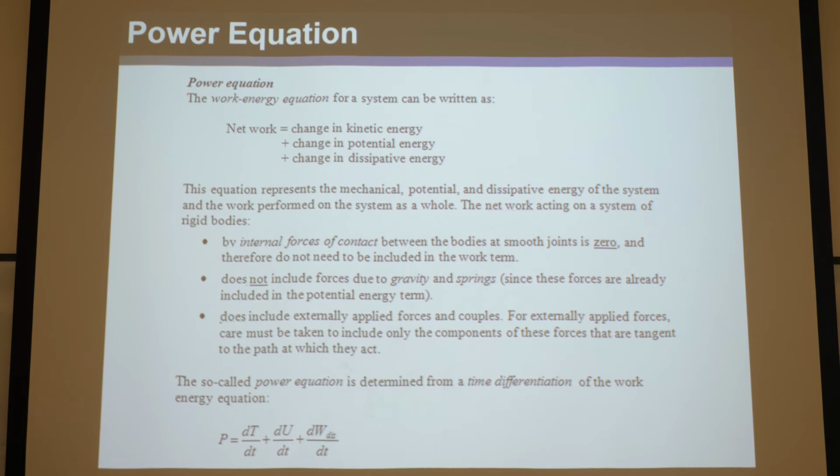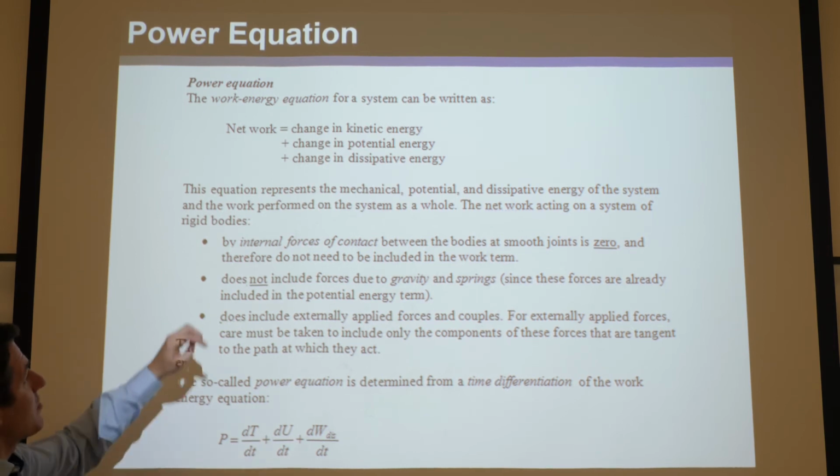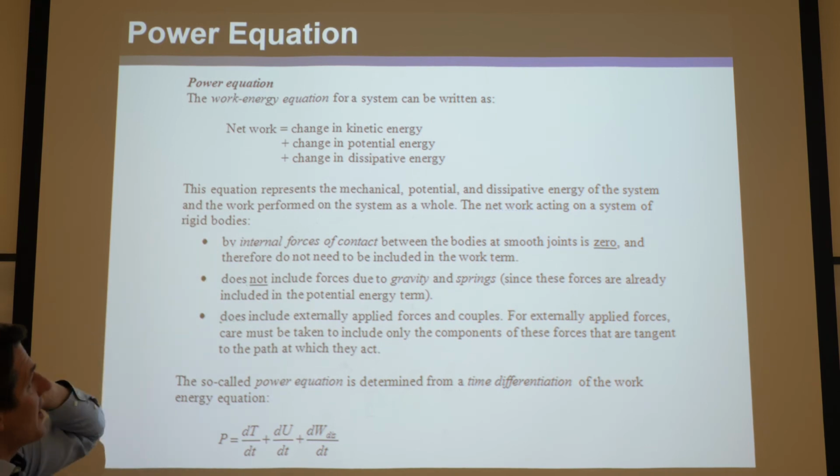Those things from external bodies that are acting on the mechanism are the external forces. You find the work done by those bodies, and that equals the change in kinetic energy of the mechanism plus the change in potential energy of the mechanism plus the change in dissipative energy of the mechanism. Okay, hopefully you all know that basically from high school physics. If you don't know it now, you do.